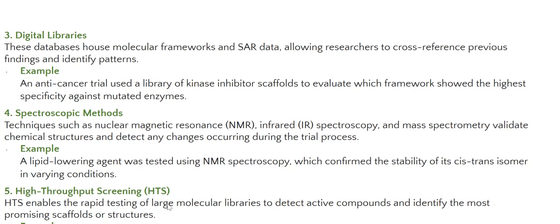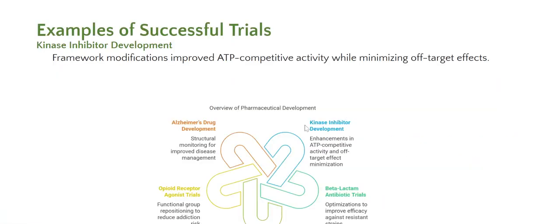HTS enables the rapid testing of large molecular libraries to detect active compounds and identify the most promising scaffolds or structures. Example: an anti-inflammatory trial used HTS to identify cyclooxygenase inhibitors from a library of over 10,000 scaffold variations.